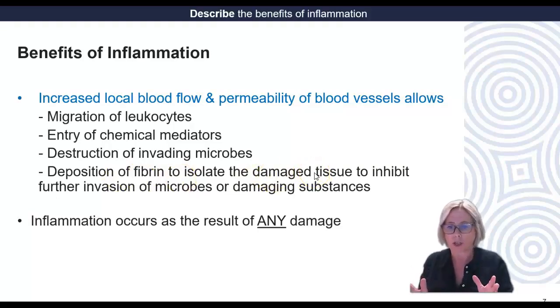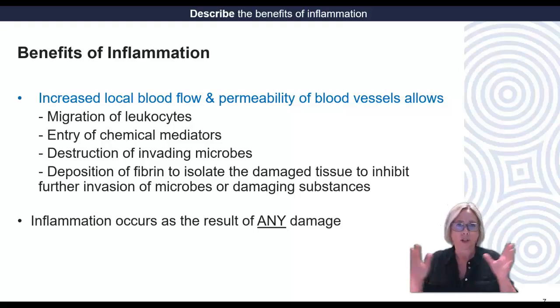Okay, so what I want you to think about here, and you would have learned about it in previous physiology subjects, is that the liver makes a lot of these blood proteins. One of them is called fibrinogen, right? And fibrinogen is a soluble protein that is circulating in the bloodstream.